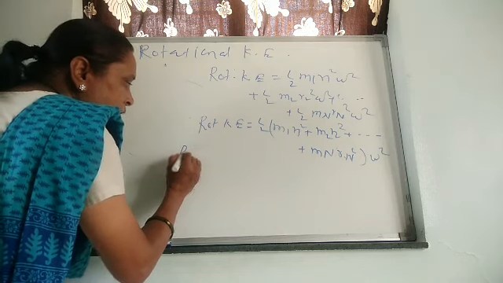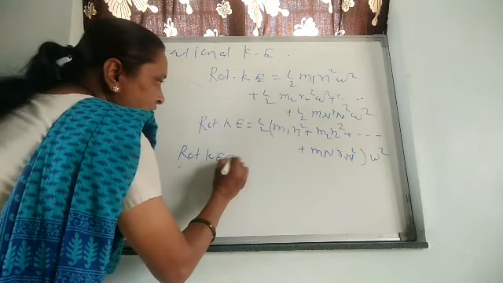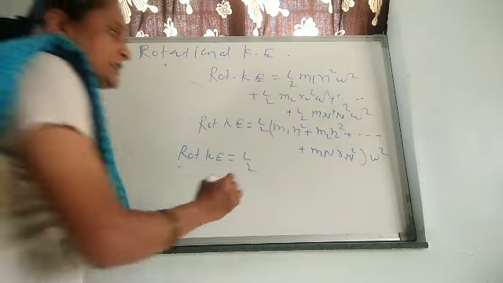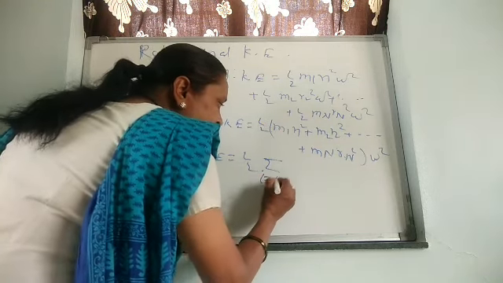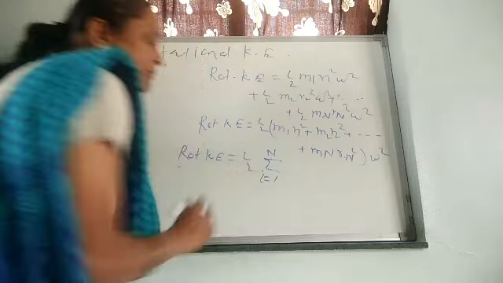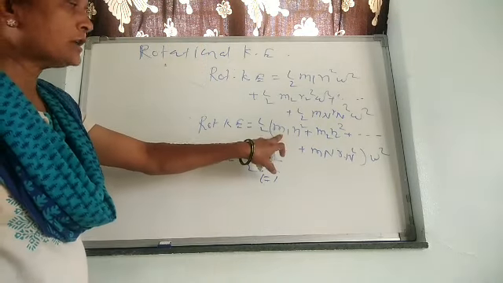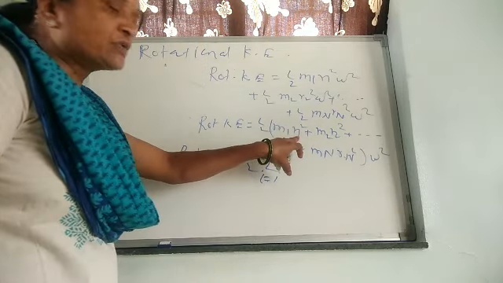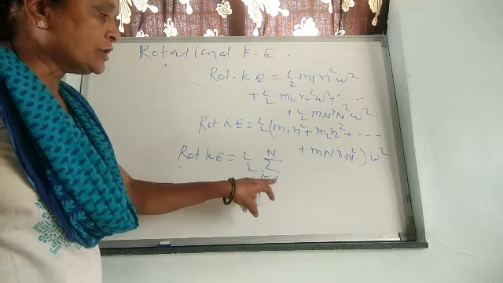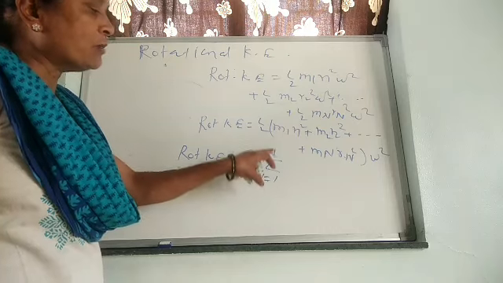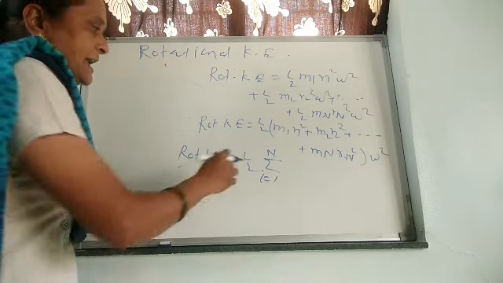This you can write as rotational kinetic energy equal to 1/2 times the term in the bracket, which indicates the summation with i going from 1 to n, that is the sum of the product of the mass of each particle and the square of its distance from the axis of rotation. The summation ranges from 1 to n because we have considered n number of particles.